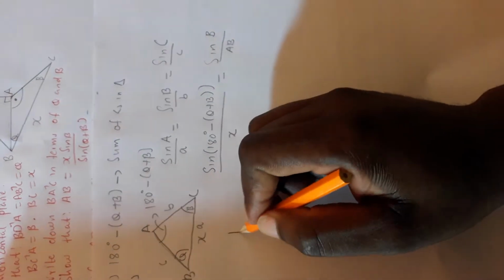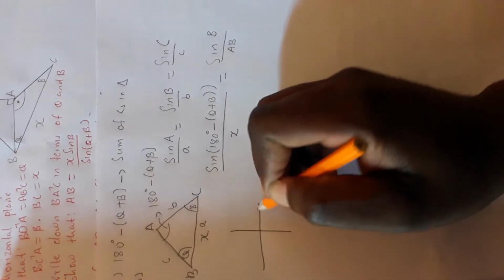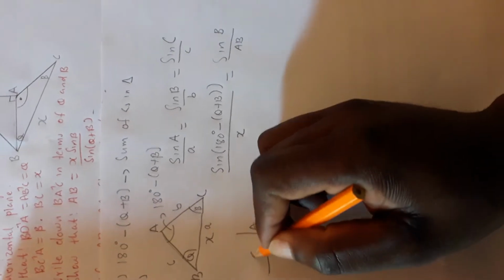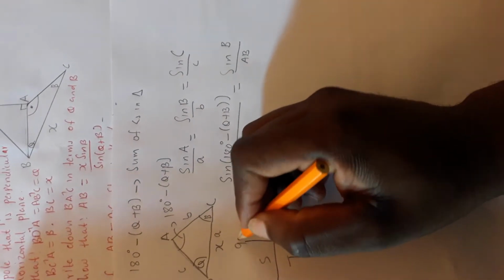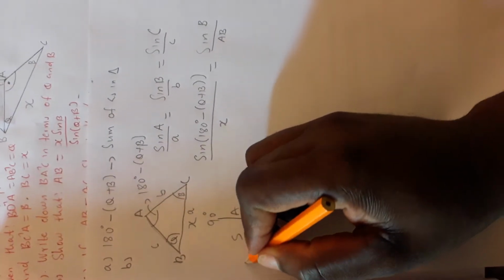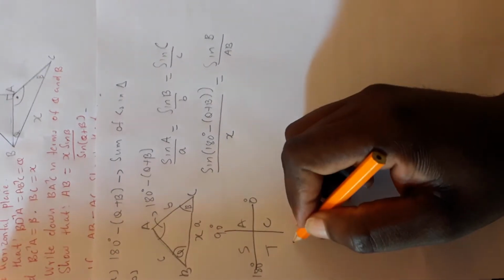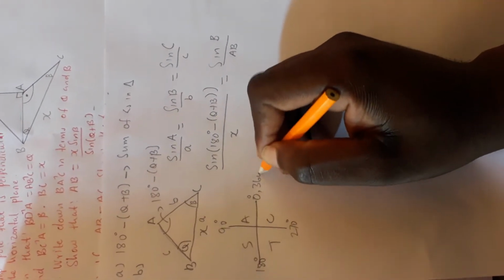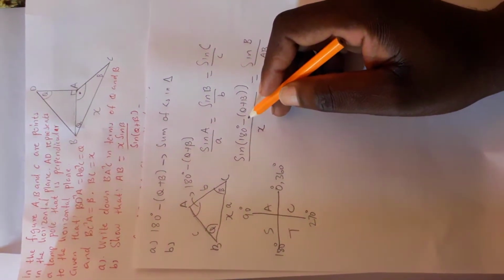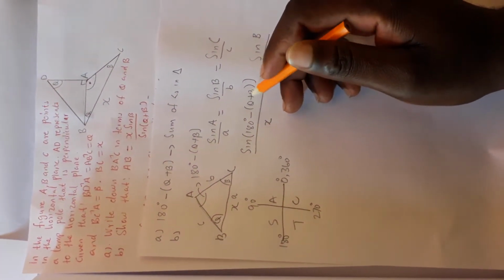Now we're going to use our CAST diagram, where we have 0 degrees here, 90 degrees here, 180 degrees here, 270 degrees, and also 360 degrees. The CAST diagram will help us to manipulate sine of 180 minus (theta plus beta).